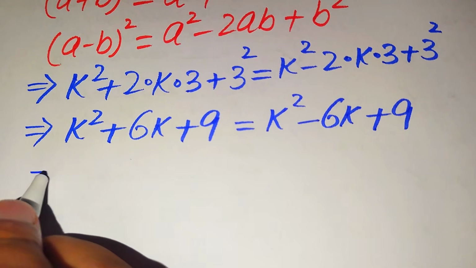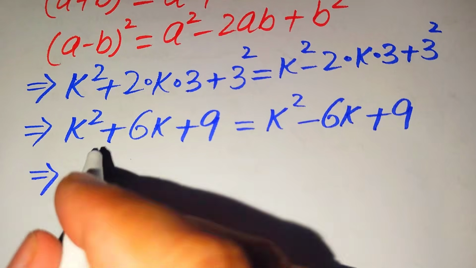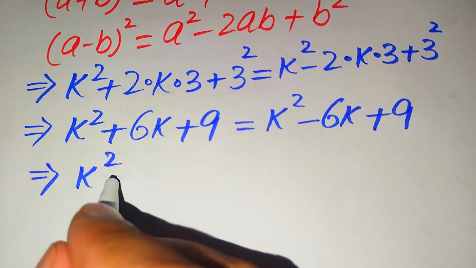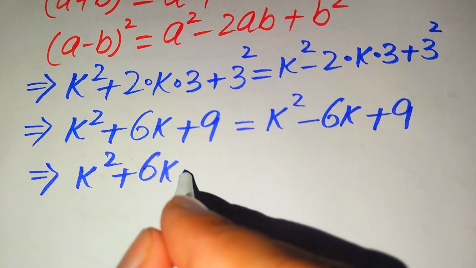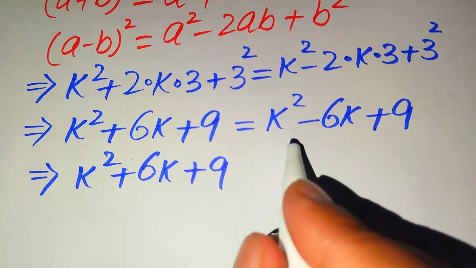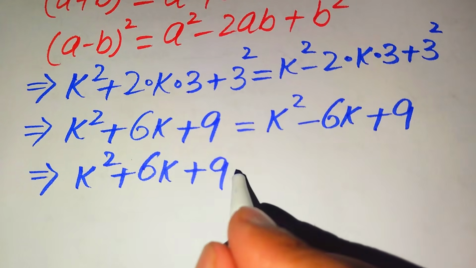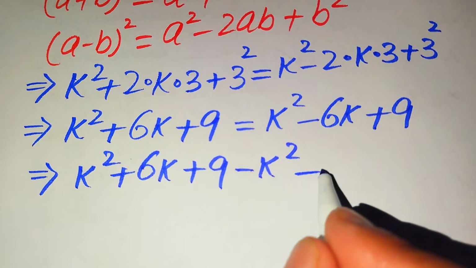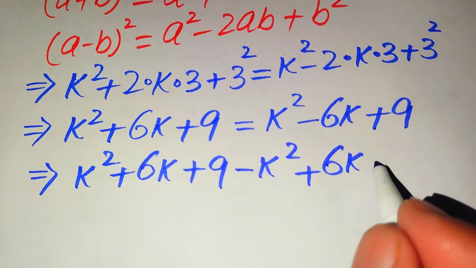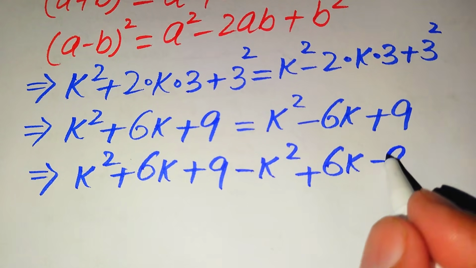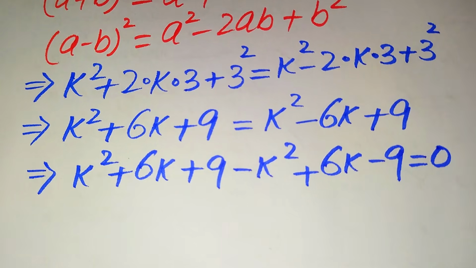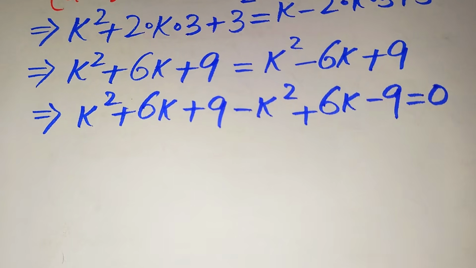Now in the next step we move all the terms from the right hand side to the left hand side, and we get k square plus 6k plus 9, minus k square plus 6k, minus 9, and this whole equation is equal to 0.